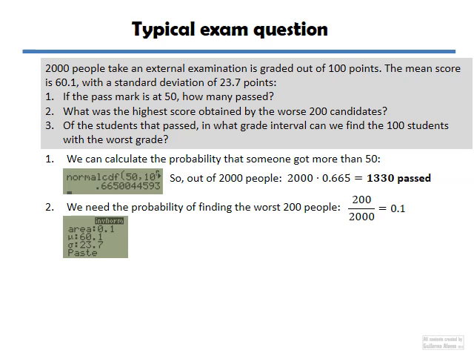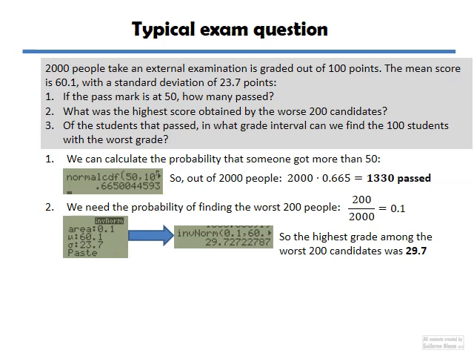And now I go to my invNorm, and this is what I type in. Area 0.1, mean 60.1, standard deviation 23.7. And so I get 29.727, etc. So that is going to be the highest grade among the worst 200 students, 29.7.